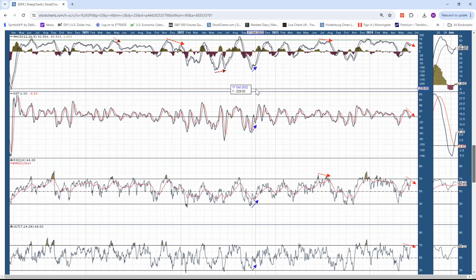And looking back in hindsight at all these oscillators that are in the PPO Extreme chart, I noticed that back on October 17th, 2022, I did not notice the positive divergence between all these oscillators and price.